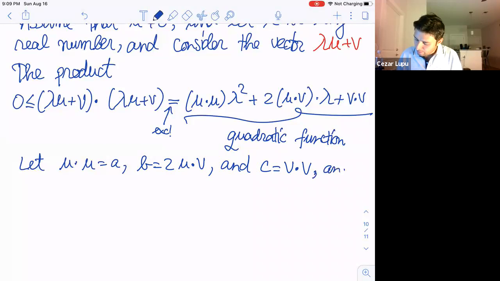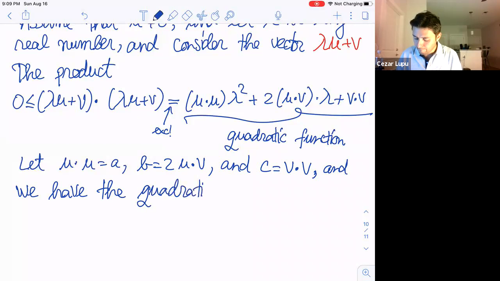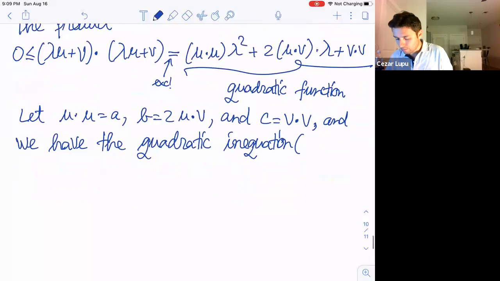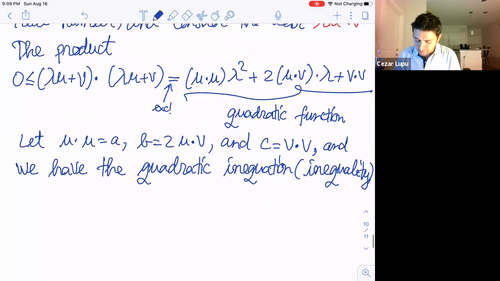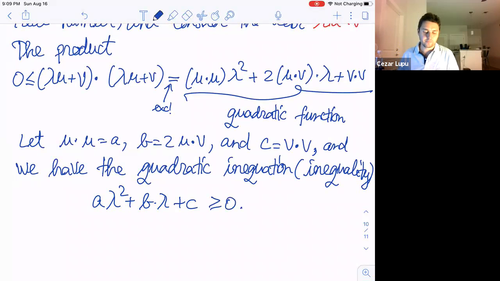And we have the quadratic inequality a lambda squared plus b lambda plus c is non-negative, right?